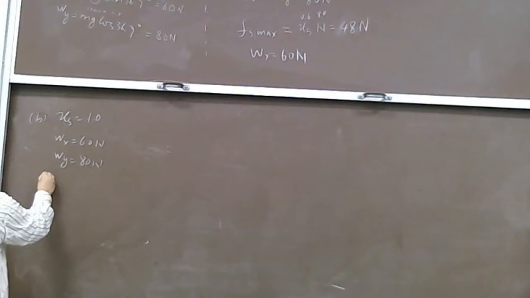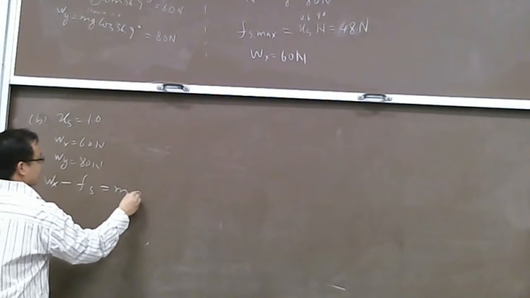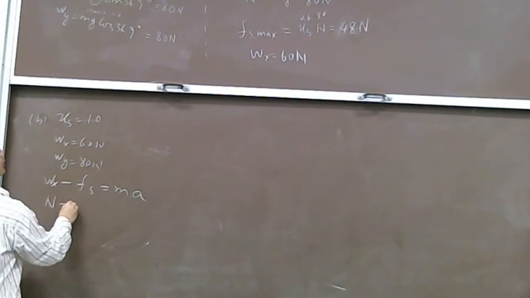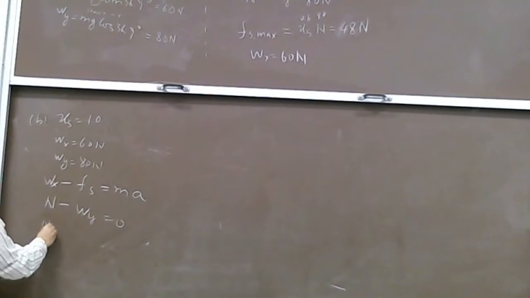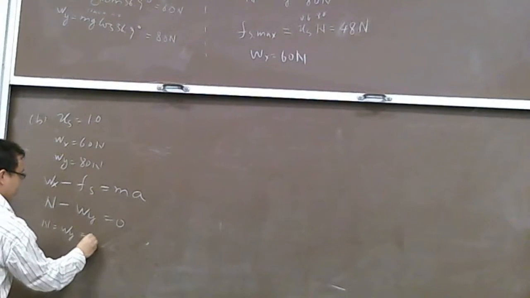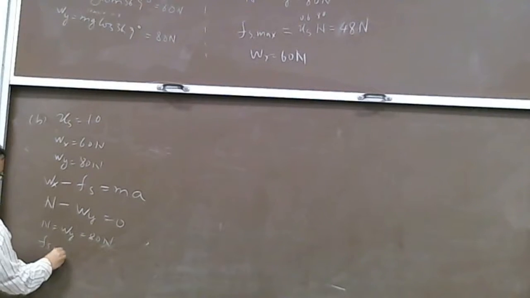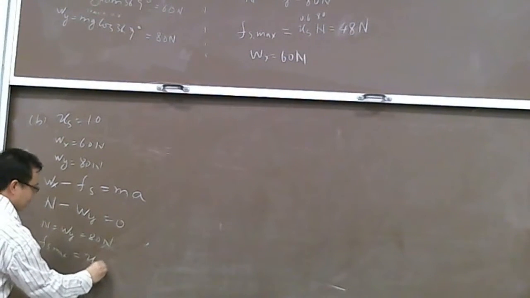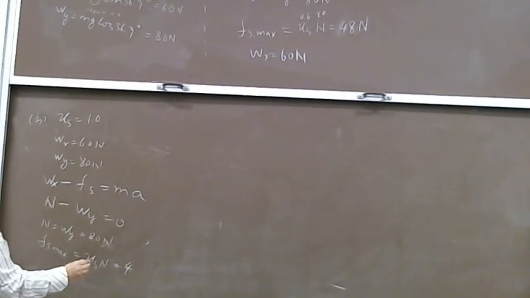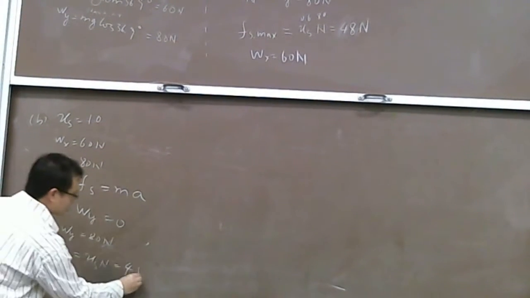So you still have the two equations Wx minus Fs equals ma, and N minus Wy equals 0. So you still have N equals Wy equals 80 Newton. This will give you Fs max equals mu s N equals 48 Newton.